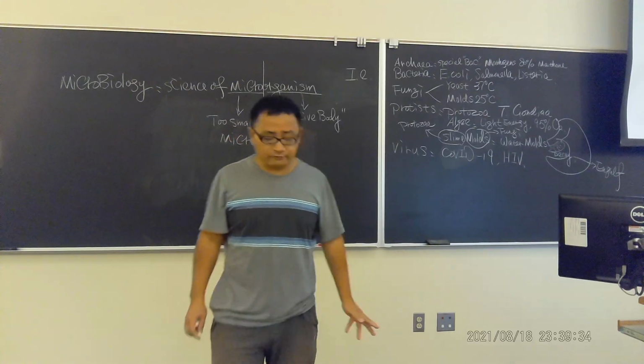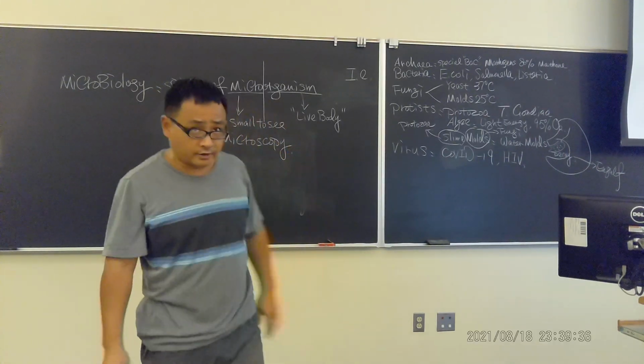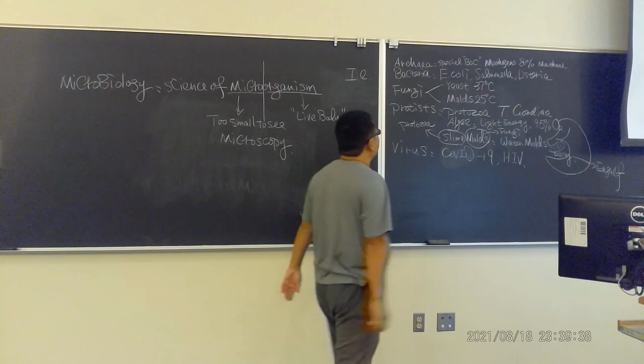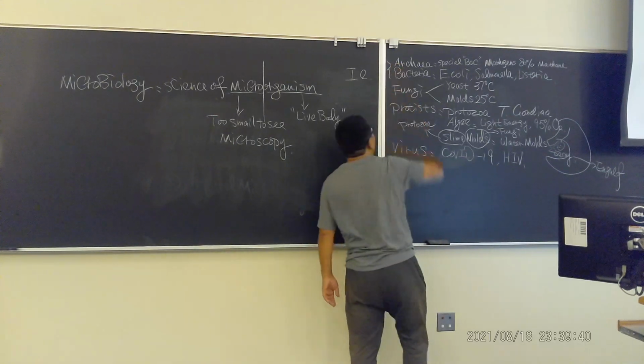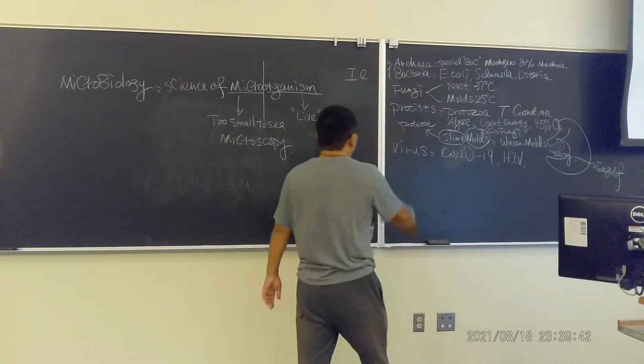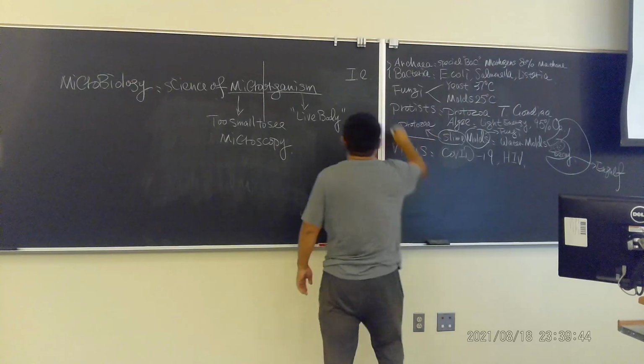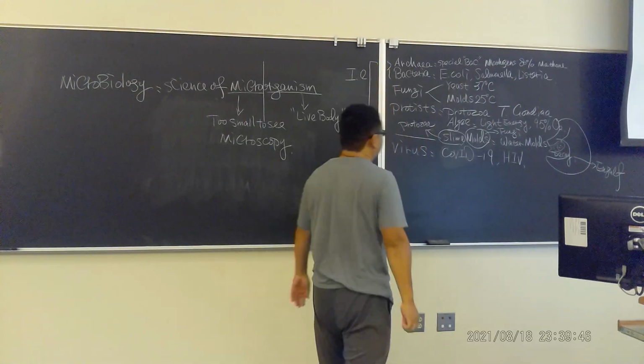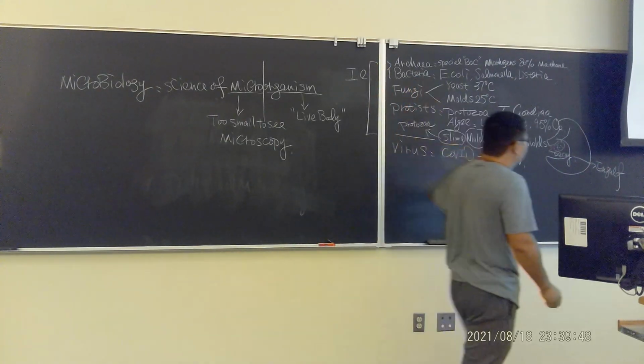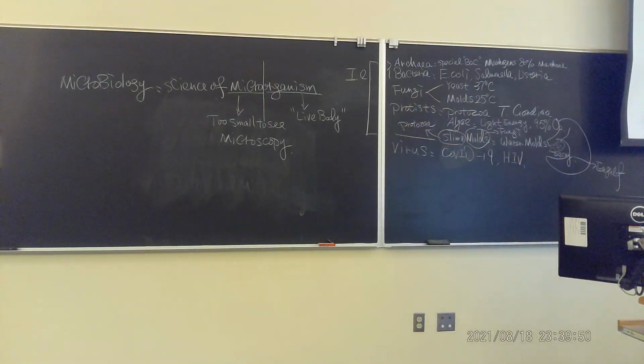For example, some of the bacteria have flagella, and the Archaea have endoflagella. So we call it special bacteria. Okay, all these have the same thing. What is the same for these? The cell is a single unit. That's why we call it cellular.